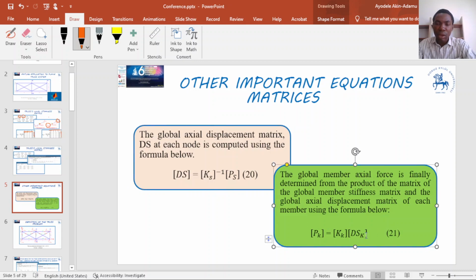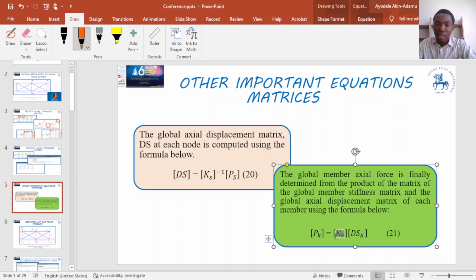And if we want to compute the axial force for each member, we can also use this formula, where Pk is the axial force vector for each element. For element 1, say P1, k is 1. If the element is labeled 1, it will be P1 equals K1 multiplied by ds1.